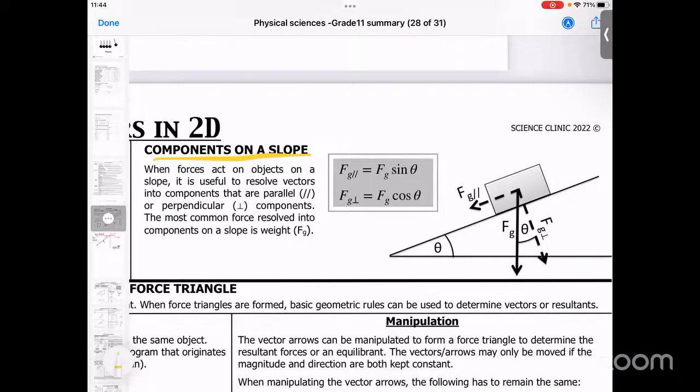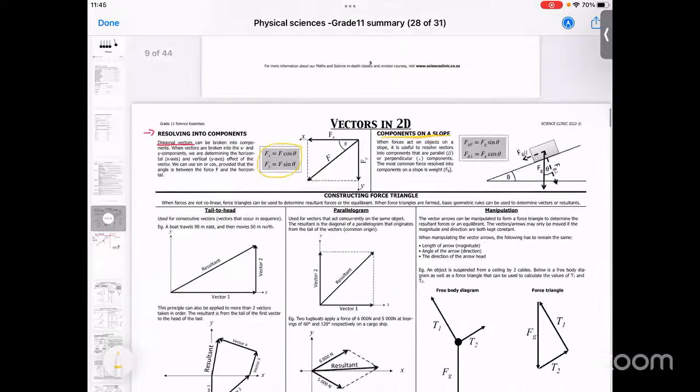So when forces act on objects on a slope, it is the object which is on a slope. It is useful to resolve vectors into components that are parallel or perpendicular components. The most common force resolved into components on a slope is the weight. Okay. I think I've got an idea of what's happening there.